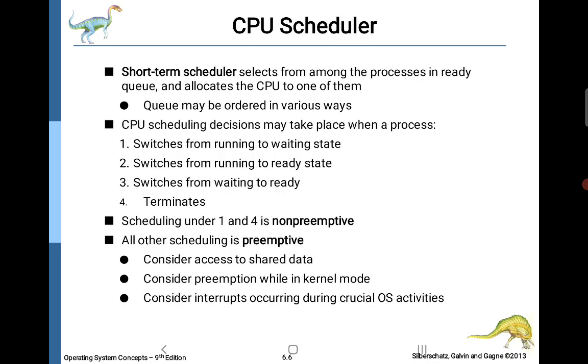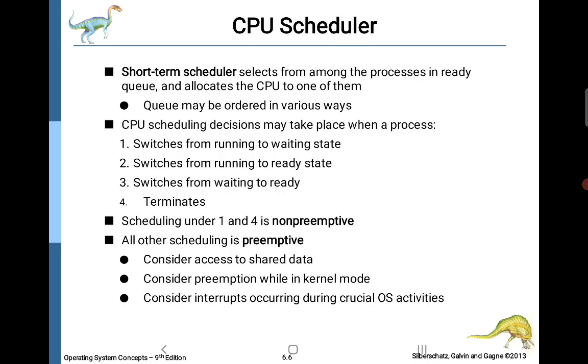When a process is switched from running to ready, if a process was running and now it was actually forced out of the CPU, so now it's ready.